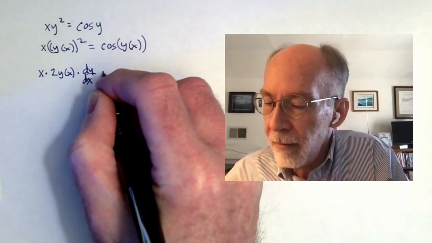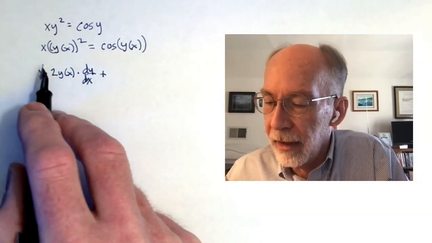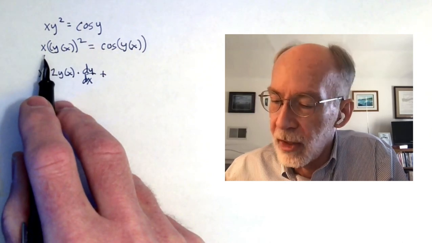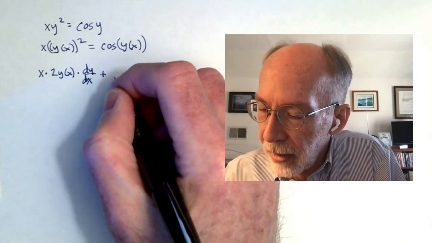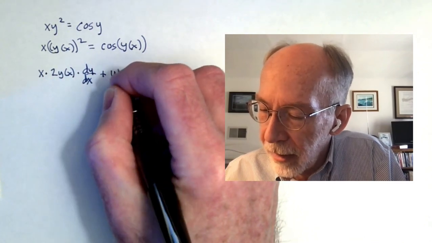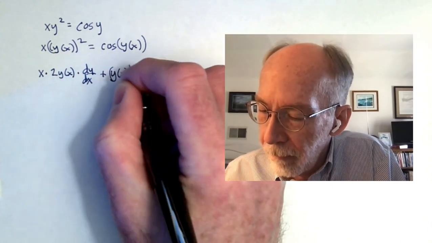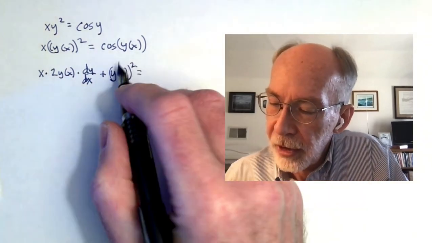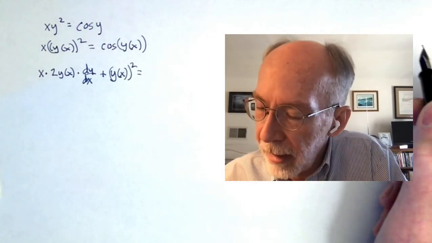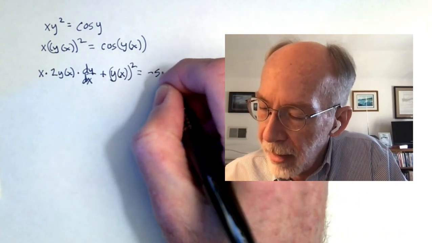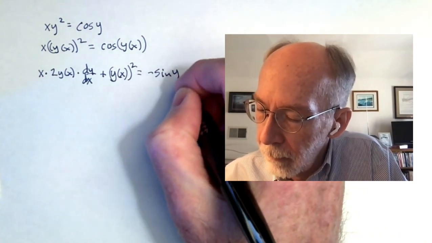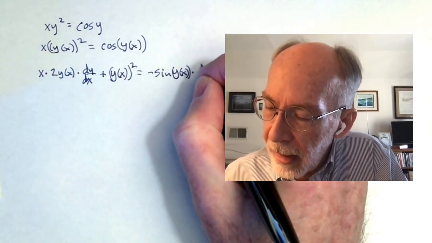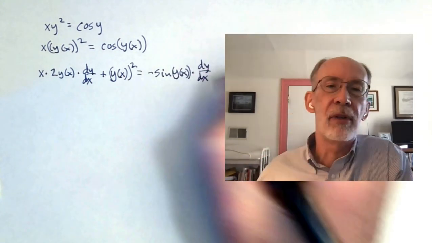Then we have the second factor, which is y squared, times the derivative of the first one, which is just 1. So I'm just going to call that y(x) squared because it is. And then on the right, we differentiate the cosine of something, we get the opposite of the sine of the something. And if that something was a function, we have to multiply by its derivative, so times dy/dx.